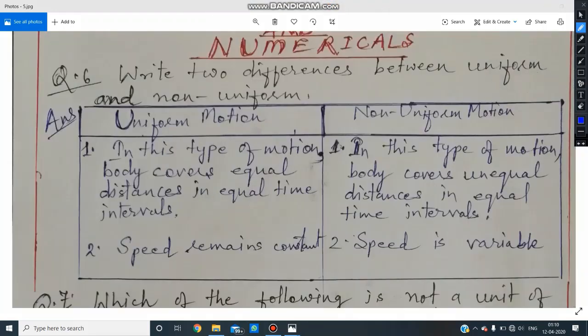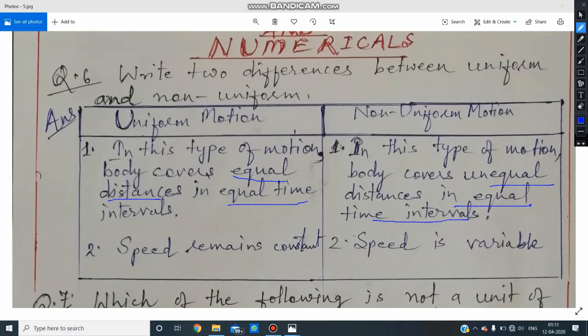Moving on to the next question, let's see what's the query. Write two differences between uniform and non-uniform motion. First difference, we can refer the definition of the two types of motion, according to which in uniform motion, body covers equal distances in equal time intervals. On the other side, the non-uniform motion says the body covers unequal distances in equal time intervals.